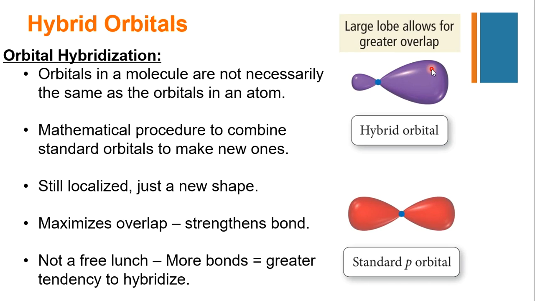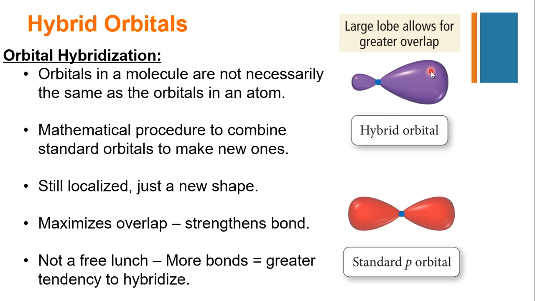Okay, so this is not a free lunch. We do have to expend a little bit of energy to hybridize these orbitals, and to promote these electrons. But the payoff for that is a huge, huge payoff.